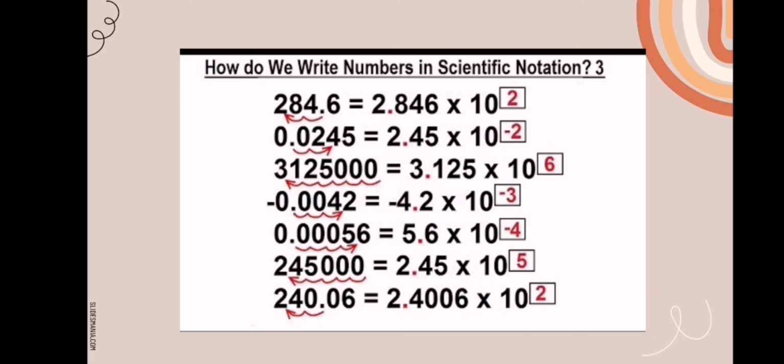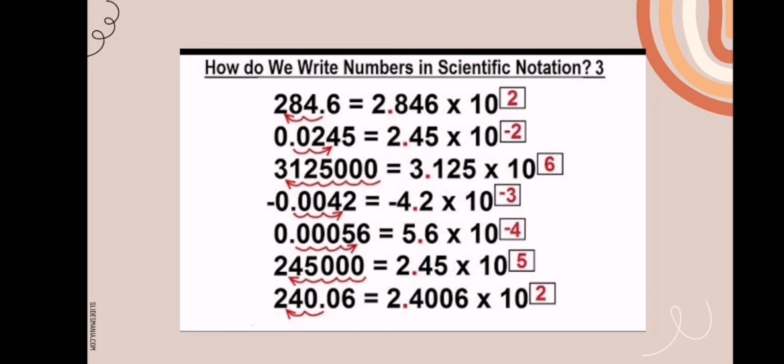Negative 0.0042 is equal to negative 4.2 times 10 to the power of negative 3. 0.00056 is equal to 5.6 times 10 to the power of negative 4. 245,000 is equal to 2.45 times 10 to the power of 5. 240.06 is equal to 2.4006 times 10 to the power of 2.